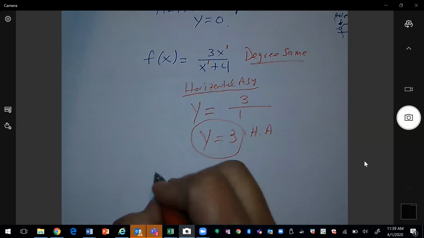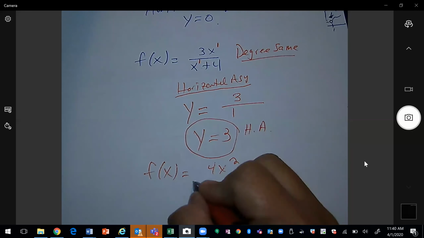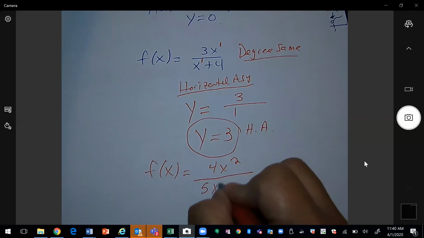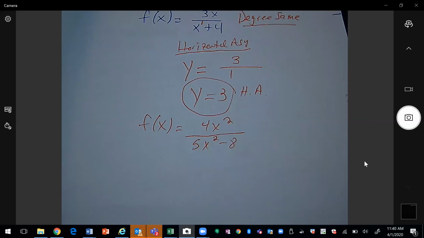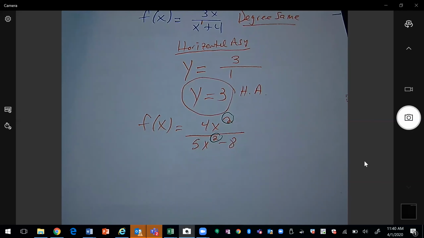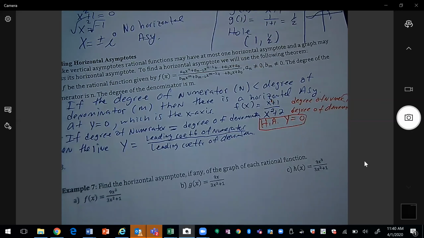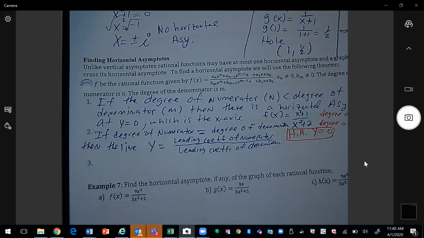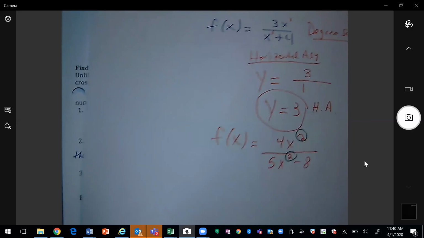And I'm going to give you another example, that way you can try it. Let's say we have 4x squared divided by 5x squared minus 8. First, look at the degrees. The degree here is a 2 and a 2, so they are the same. That's going to be option number 2. If the degrees are the same, then the horizontal asymptote is y equals the leading coefficient divided by the leading coefficient.